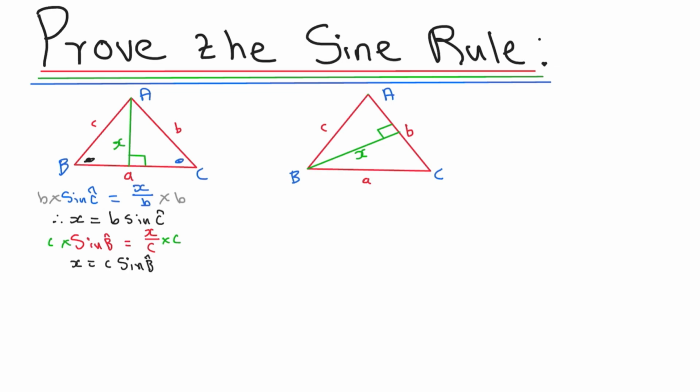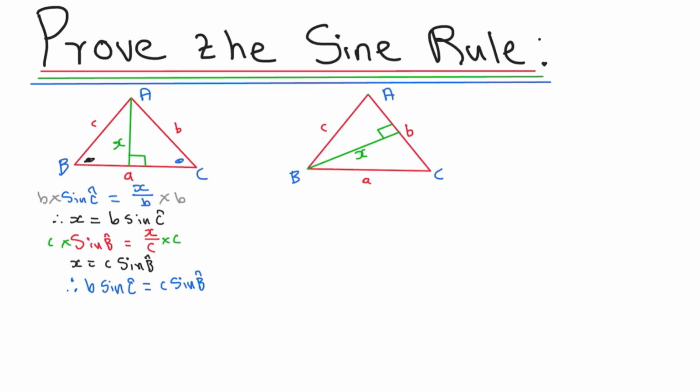So remember now, guys, we have X is equal to something here and X is equal to something here. This means that this part and this part are equal because they are both equal to X. So I will just equate them. Therefore, B sine C is equal to C sine B. Do we agree?